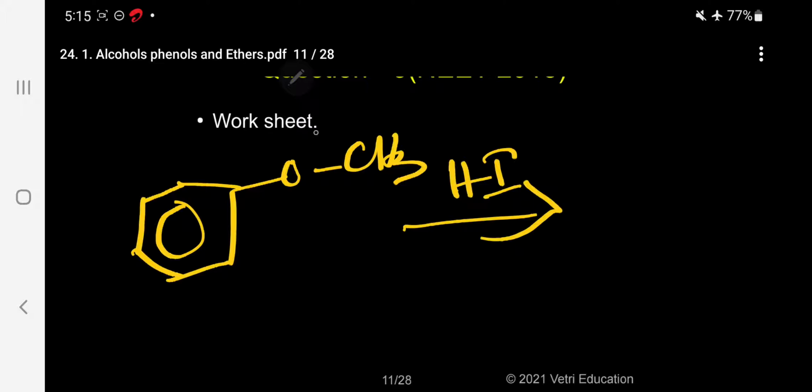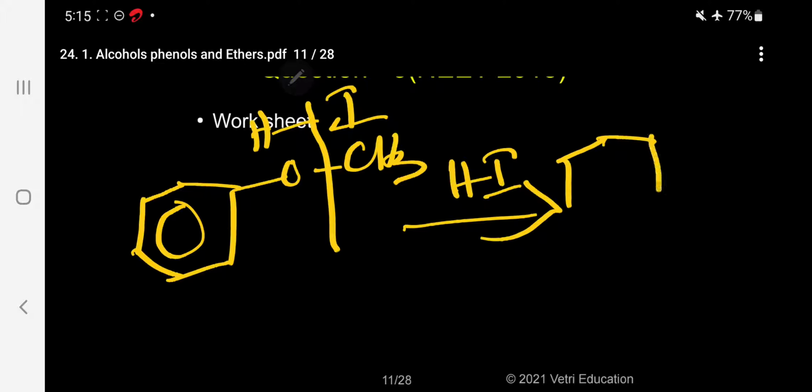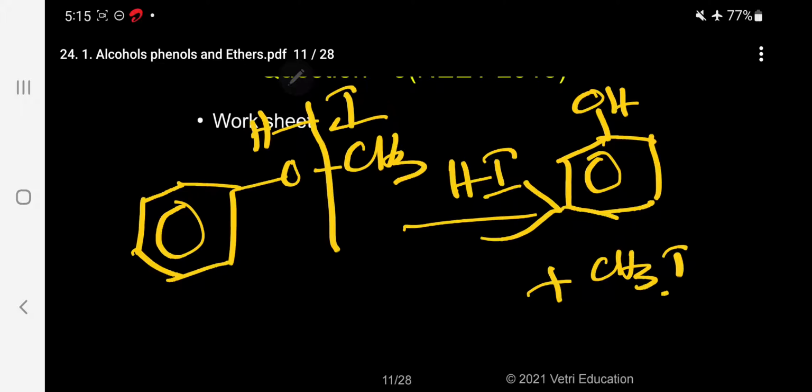It's a powerful cleaving agent. So, what will happen? It cleaves like this, producing H and I, producing a phenol. It's the very simplest question. Phenol plus methyl iodide. Very, very simple.